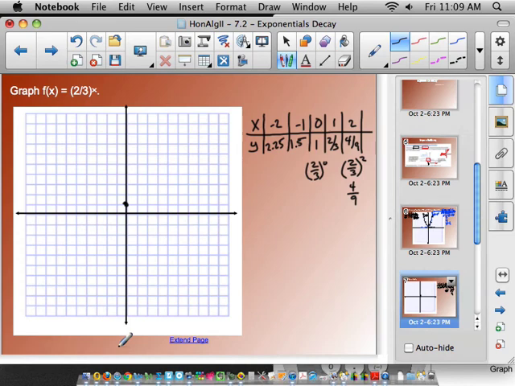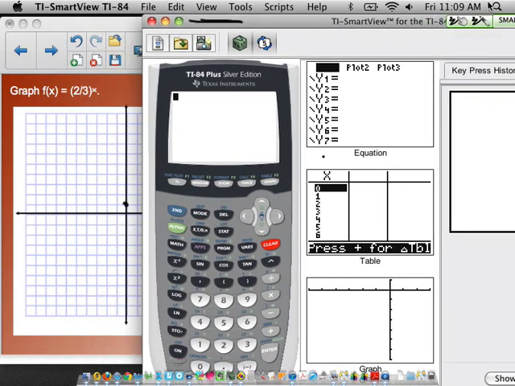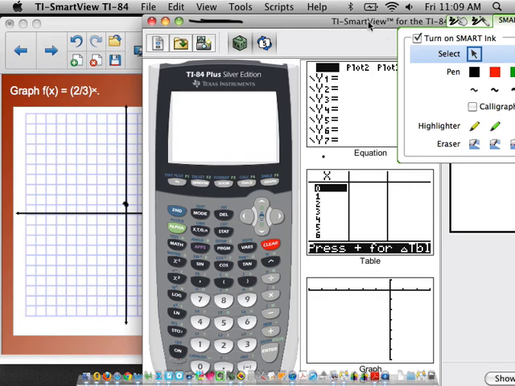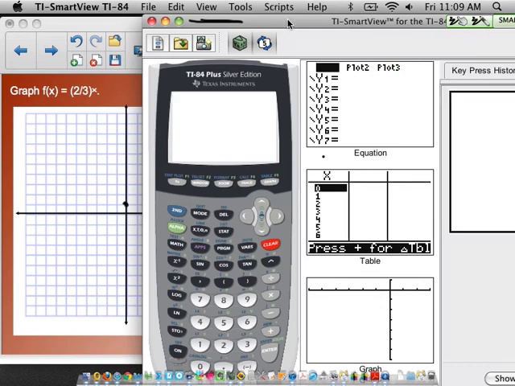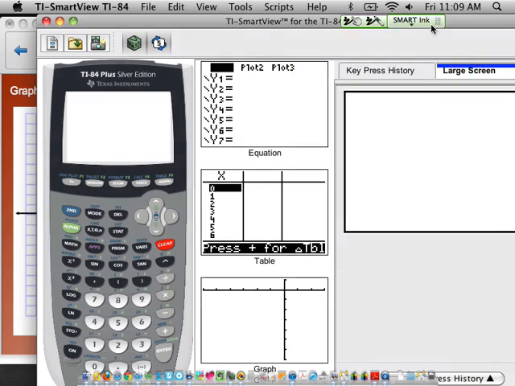So I am going to grab my calculator, which is behind. Clear that out and make sure we can actually type that in. Let me bring my calculator a little bit over here and clear the ink.